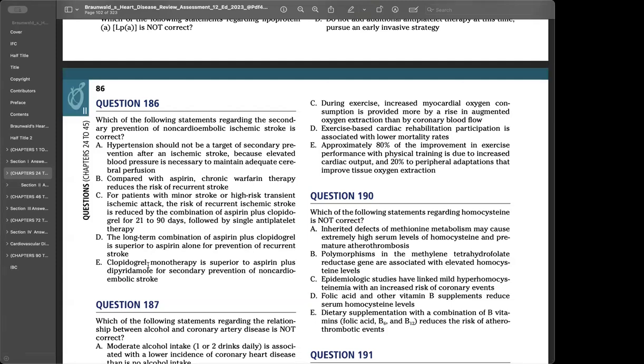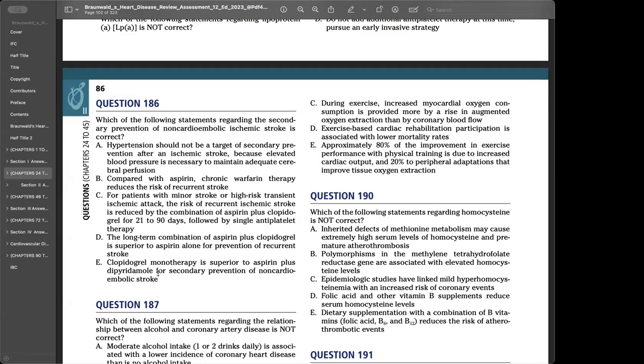So the enzyme deficiency of methylene tetrahydrofolate reductase is said to be associated with elevated homocysteine levels. So this is also a true statement.